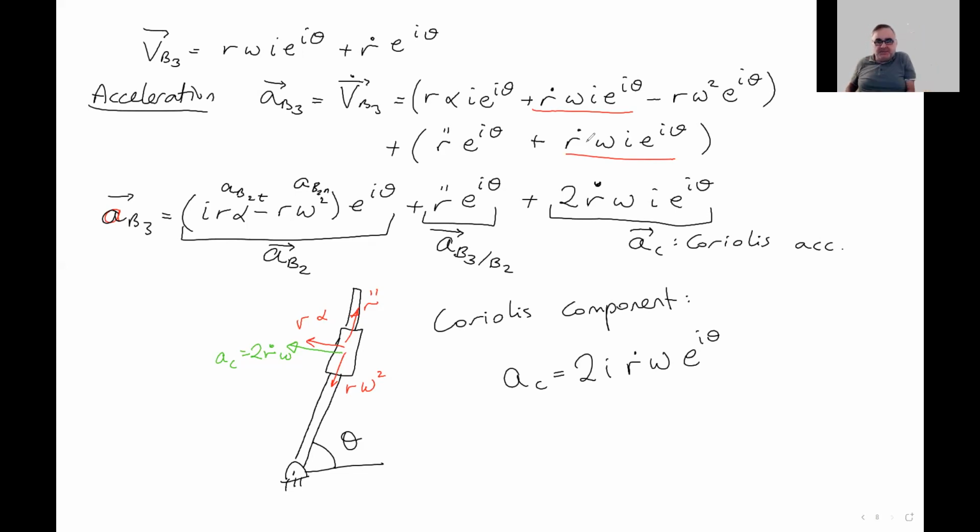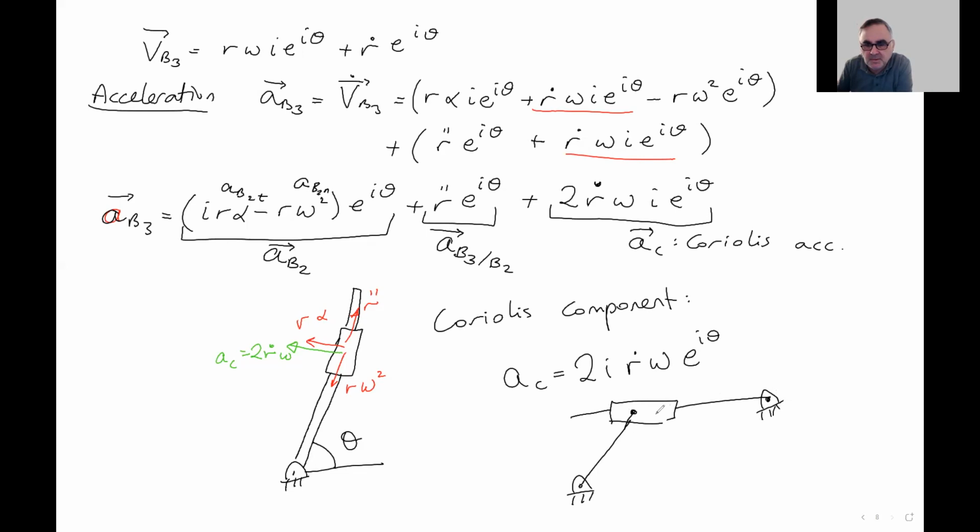Okay. So we have the Coriolis component of acceleration. We have to take it into account when you have a frame that is moving with respect to a rotating frame of reference. For example, the inverted slider crank mechanism. Inverted slider crank, as you might remember, is something like this, okay?